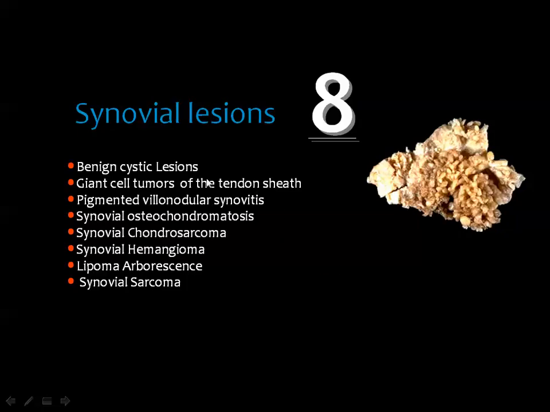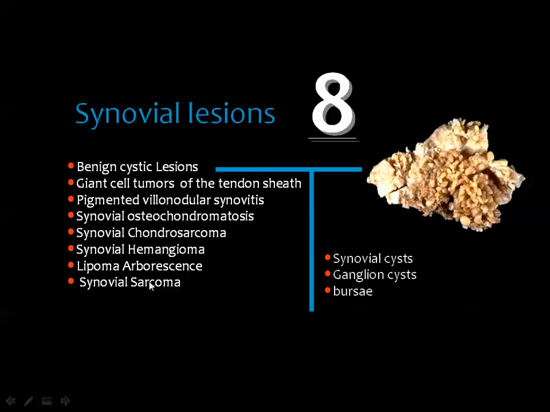Number one, the benign cystic lesions like the ganglion and synovial cysts, giant cell tumor of the tendon sheath we have discussed before, pigmented villonodular synovitis also, synovial osteochondromatosis, synovial chondrosarcoma, synovial hemangioma, lipoma we have discussed before, and the synovial sarcoma.